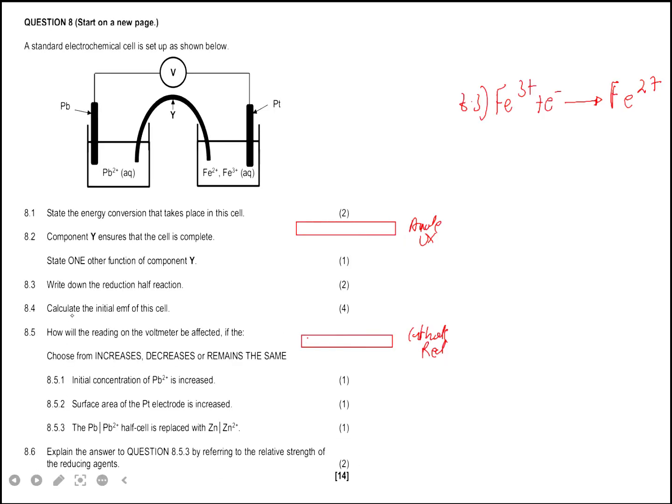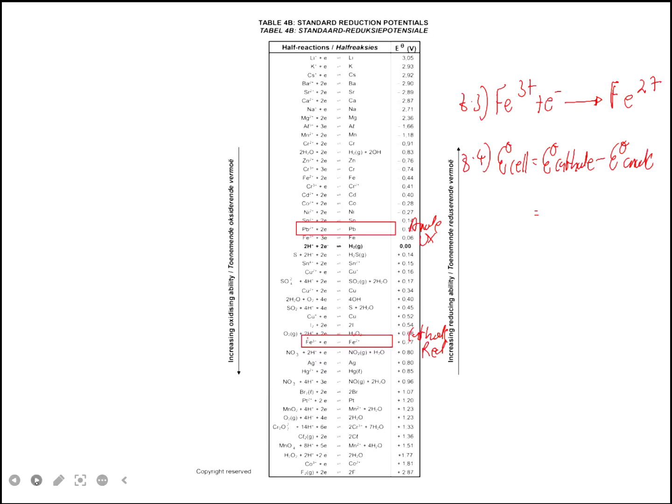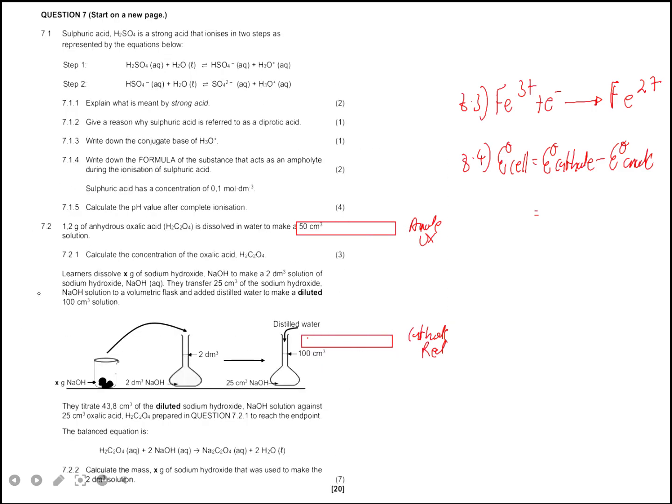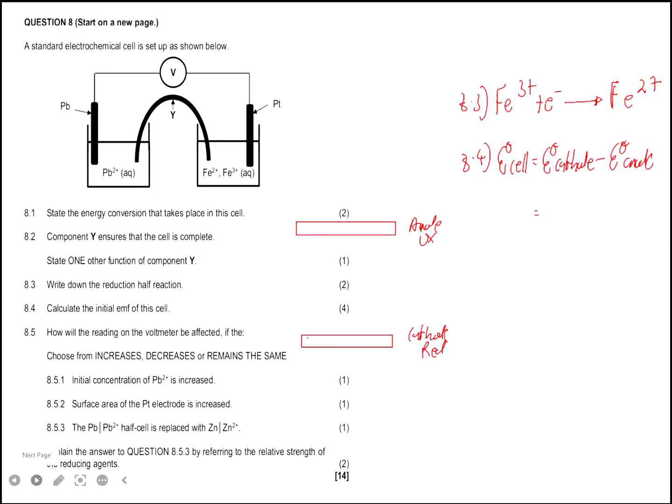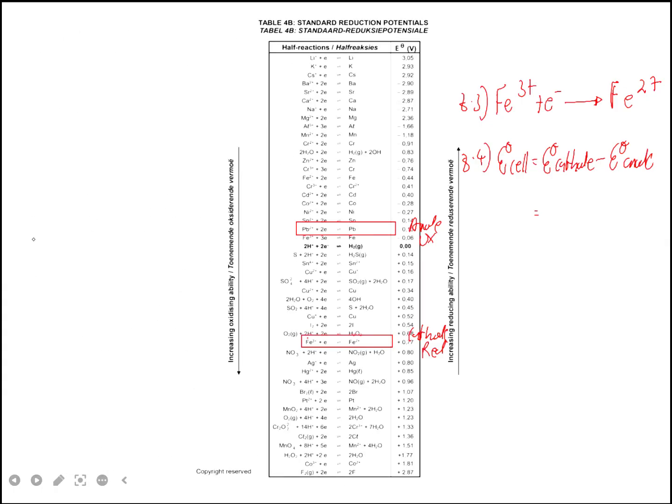They are saying calculate the initial EMF of this cell. So 8.4, we are going to say E cell is equal to E cathode minus E anode. And then this will give us what? Okay, so there we go. E cathode, that's 0.77.